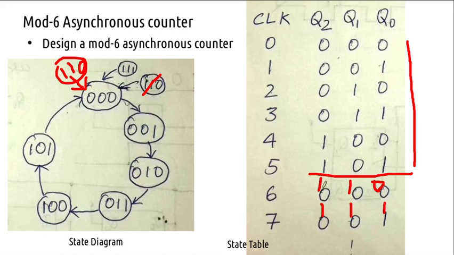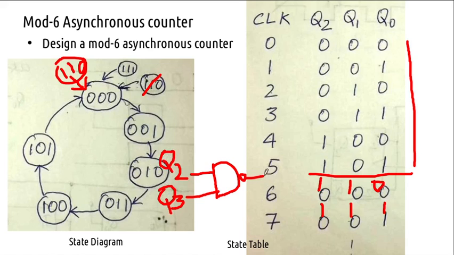So what you see here is that Q2 and Q1 are 1. So if I put a NAND gate where I give it Q2 and Q3. I'll write Q2 also. Okay, Q2 and Q3.